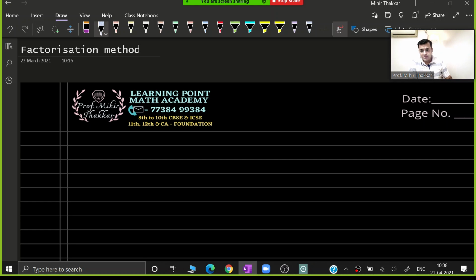So the simple idea is, substitute the given value of limit directly in the function.